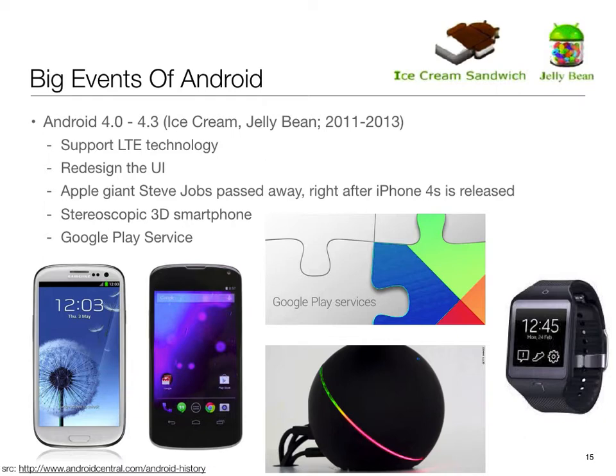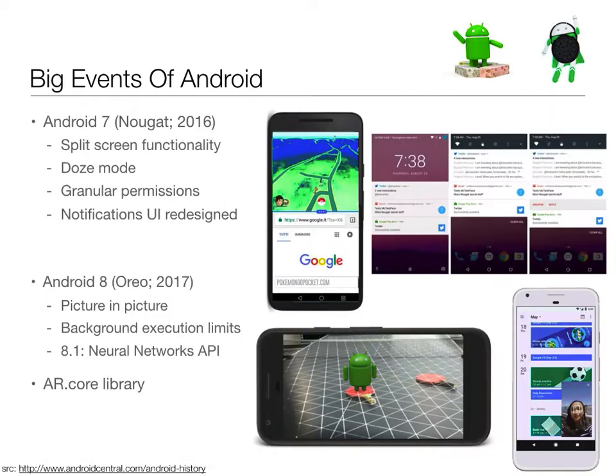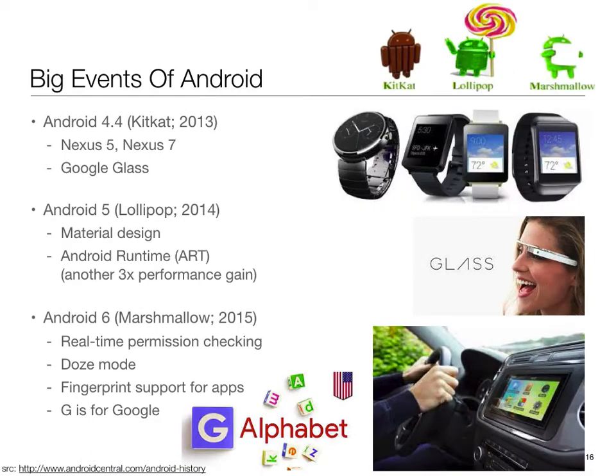This was right when the Apple iPhone 4S came out, and they had a stereoscopic 3D smartphone. Also Google Play services came out around this time, so you could download a whole bunch of apps in a unified way. And around 4.4, this was when the Nexus phones got really popular, and Google Glass came out, and it supported some of these Android platforms.